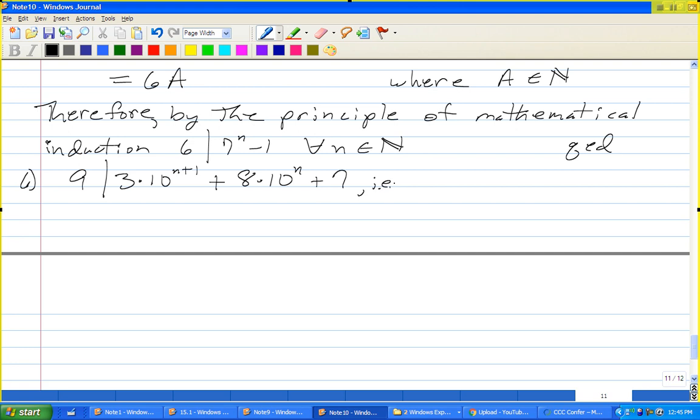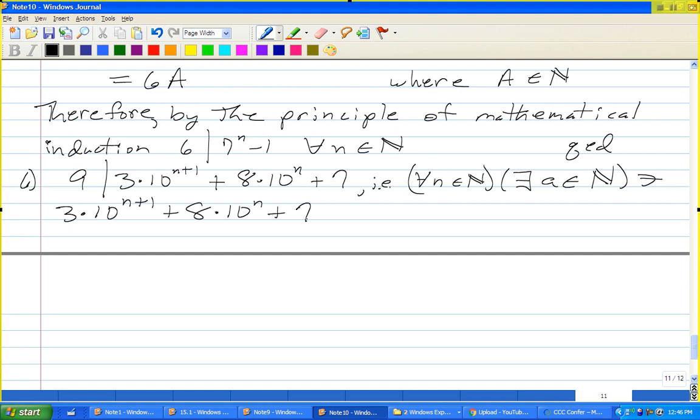And so I want to show that for every natural number n, there exists a natural number a such that 3 times 10^(n+1) plus 8 times 10^n plus 7 is equal to 9 times a.